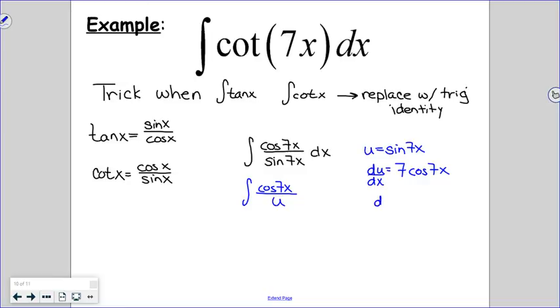Oops, I didn't solve. Again, careful that we don't lose the 7 sitting out front when I cross off my cosines of 7x. So again, do you see why I picked the bottom over the top? I get that their derivatives would match the other function, but it allowed me to simplify, and that's what we're going for, right? So I would slide that 7 out front. Well, the 7's actually a 1/7.